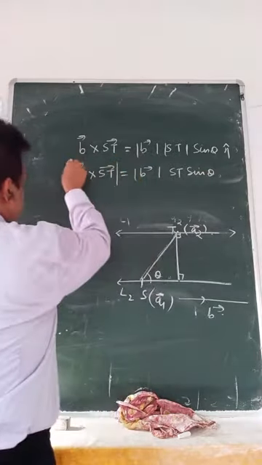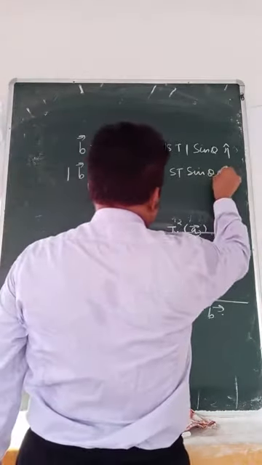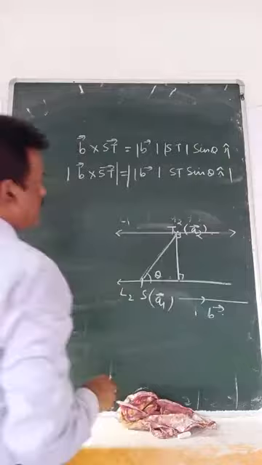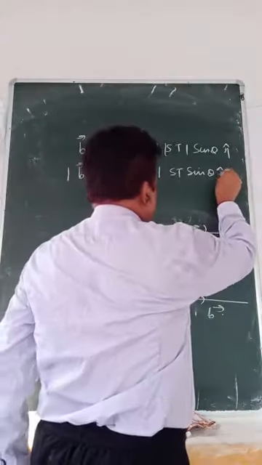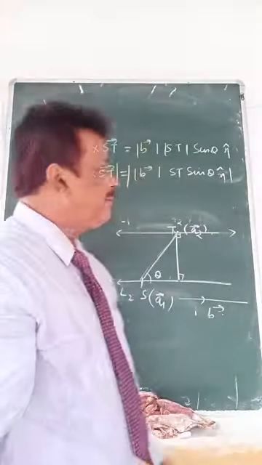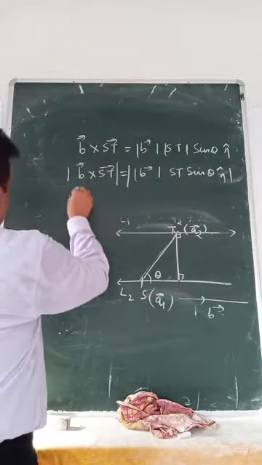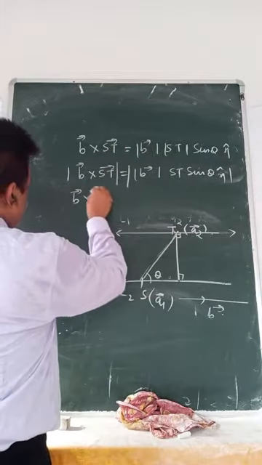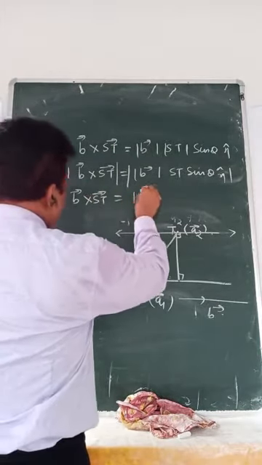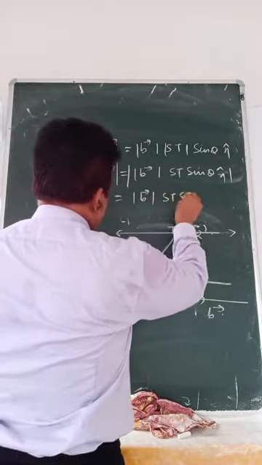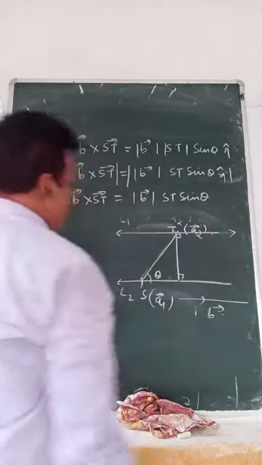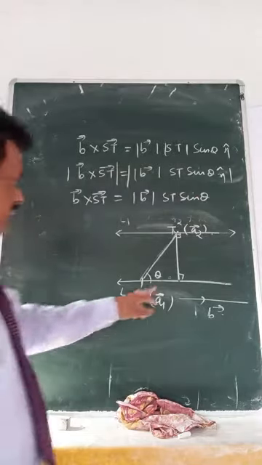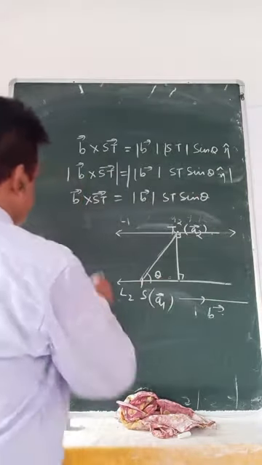The modulus of the unit vector will be 1. That means you got B cross ST equals mod B ST sin theta. Let's find out what ST sin theta is.